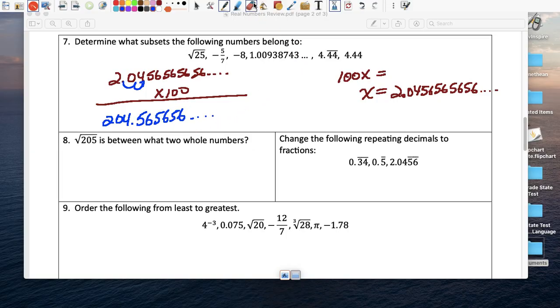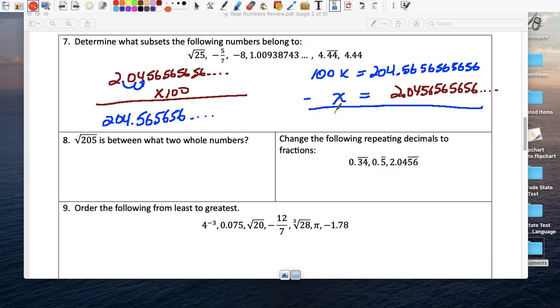Let me move this to the side a little bit and rewrite it again: 204.56565656. Remember, when we're subtracting or adding decimals, we have to make sure we line them up correctly. 100x minus x is 99x.